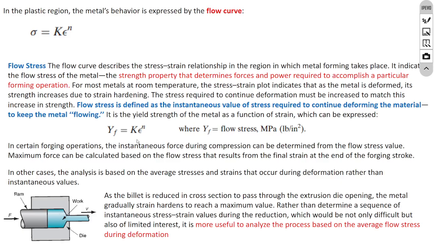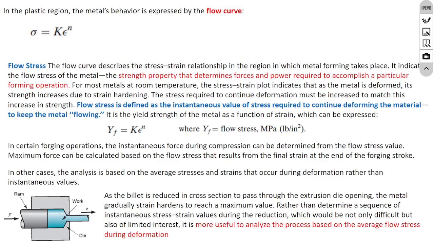And then, this part, the relationship between the stress and the strain is expressed as stress equals strength coefficient times true strain to the power n. That stress is also called flow stress in analogy, because during the deformation, it is like a fluid, like a liquid, it moves quickly from one side to the other side.